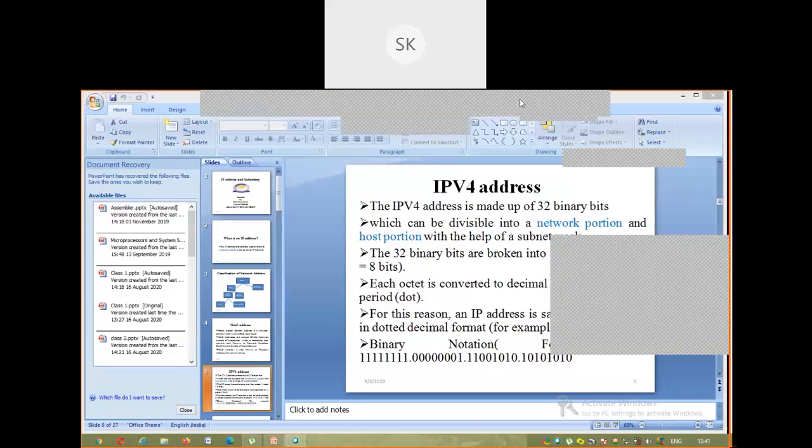Third line of your slide: 32 bits we are dividing into 4 octets. One octet contains 8 bits, as you know, 8 fours are 32.